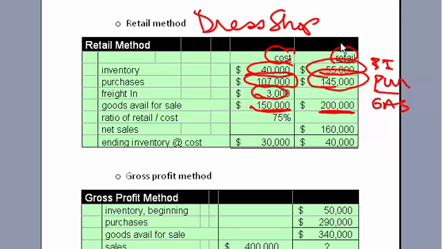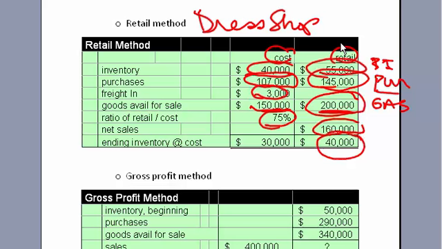So we can set up a proportion of $150 over $200,000 is 75%.